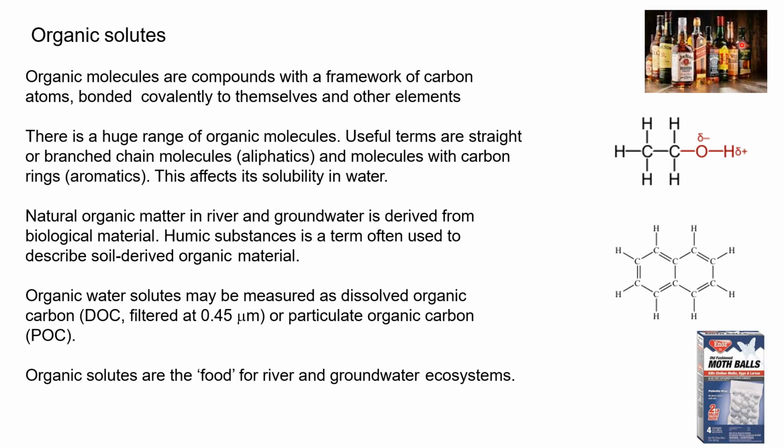In general, organic matter in rivers and groundwaters is derived from biological material, from the breakdown of soil material, from plant material, humus. Humic substances is a term that's often used to describe this soil-derived organic material, and you'll see that used in the literature. Often organic matter solutes are measured in water samples, and they're filtered at different filter sizes.